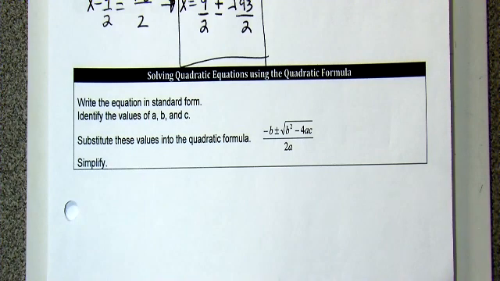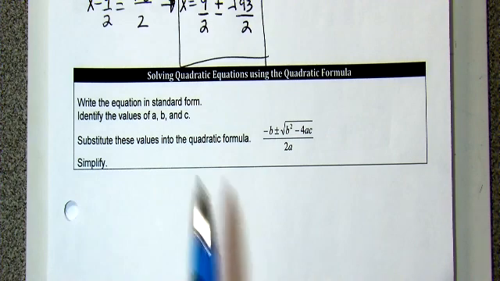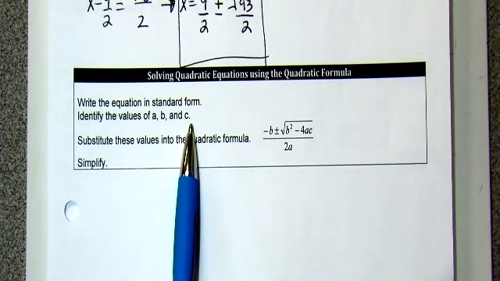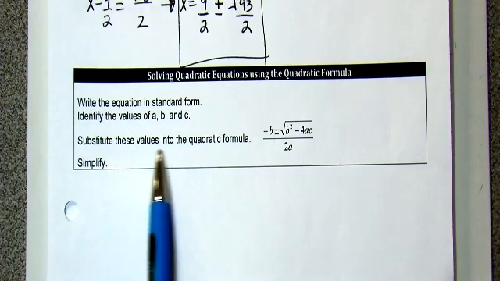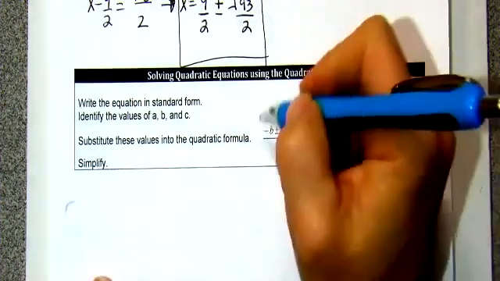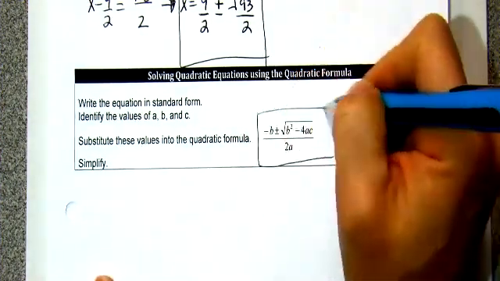The first thing you need to do when you're solving a quadratic using the quadratic formula is it has to be in standard form. So everything needs to be on the same side before you identify values of what the A, B, and C stand for. And then you're going to substitute those values into the formula. You don't have to necessarily memorize this.